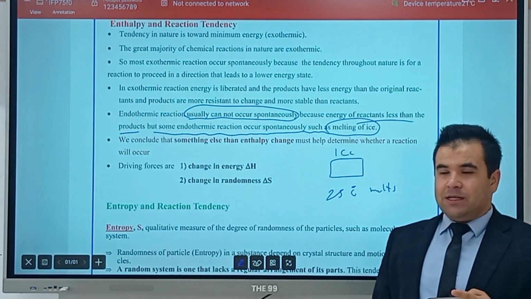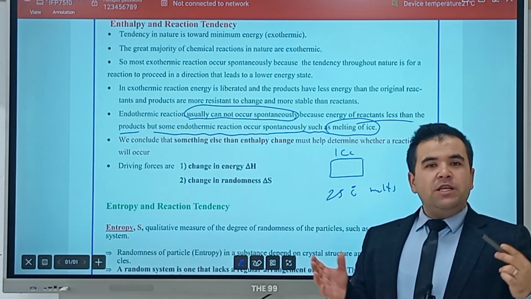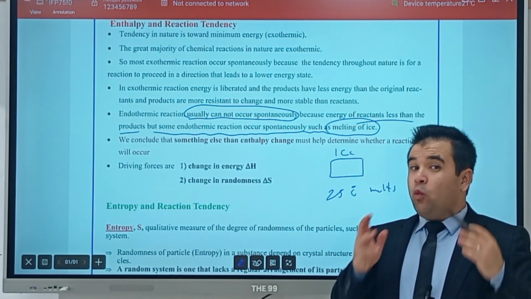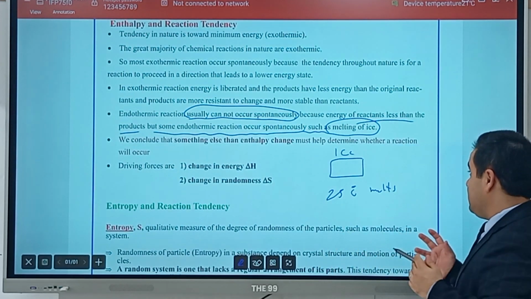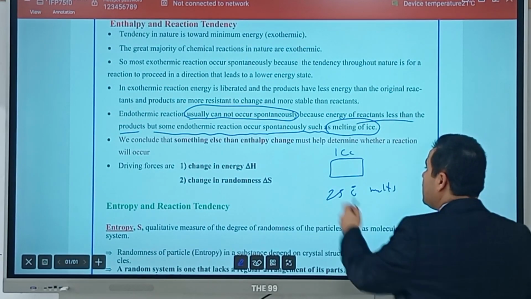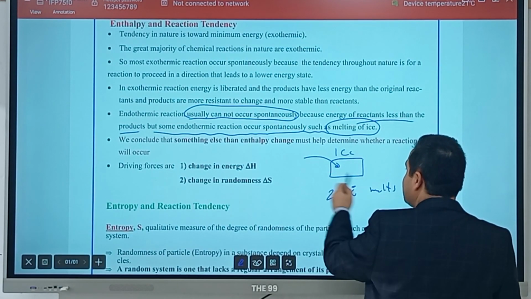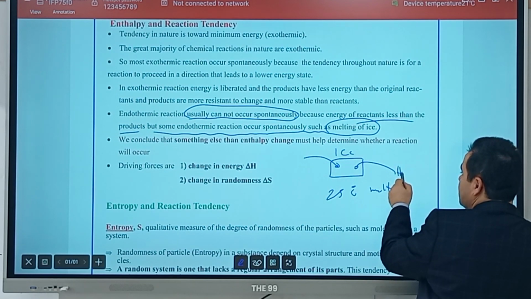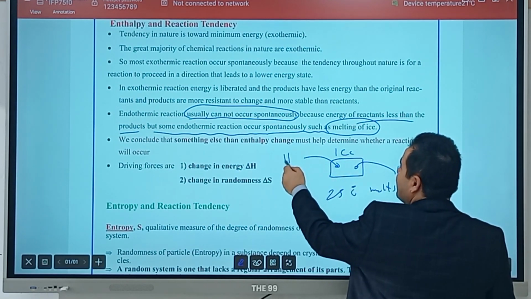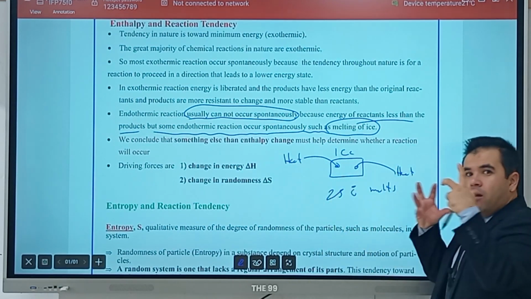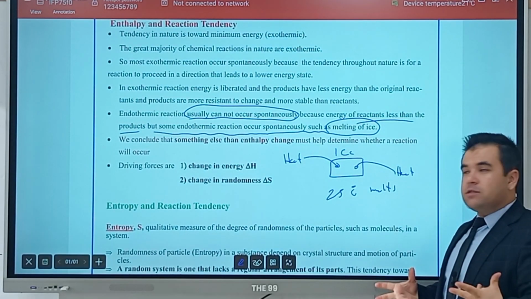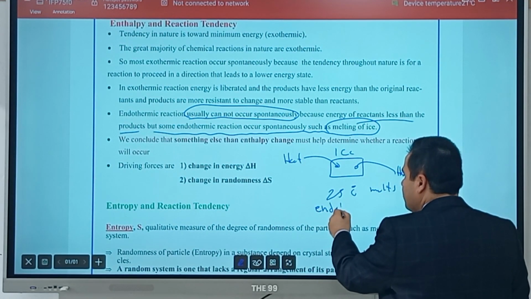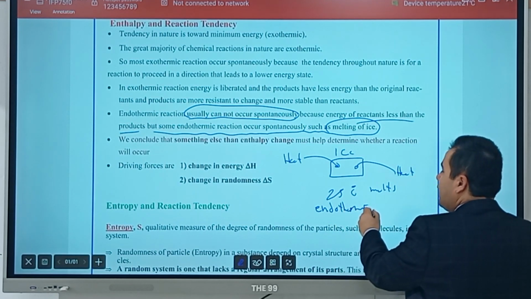The piece of ice spontaneously melts. What's the process of the melting? Of course, the piece of ice must absorb heat from the surroundings, absorbing heat from the air, and then melts. So this process of absorbing heat is endothermic.